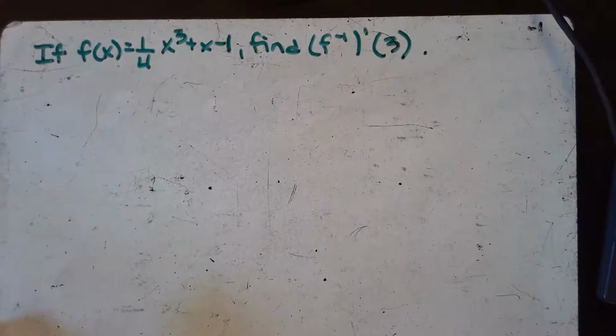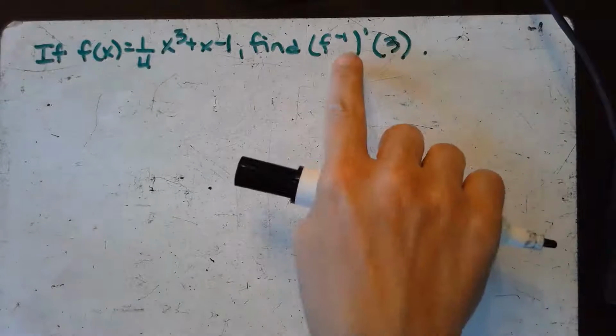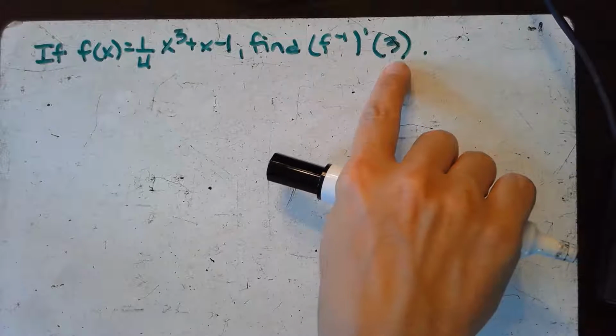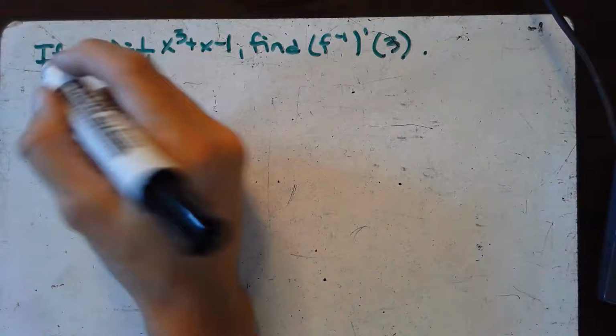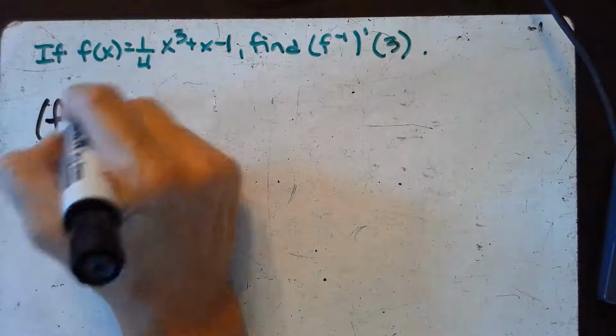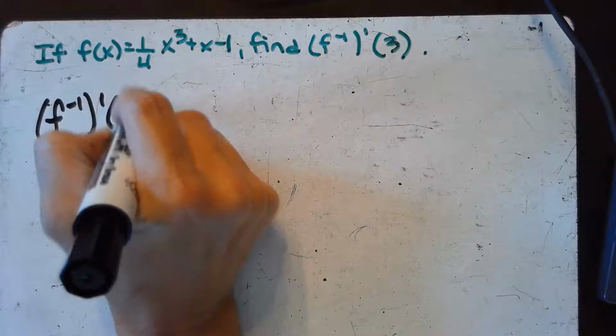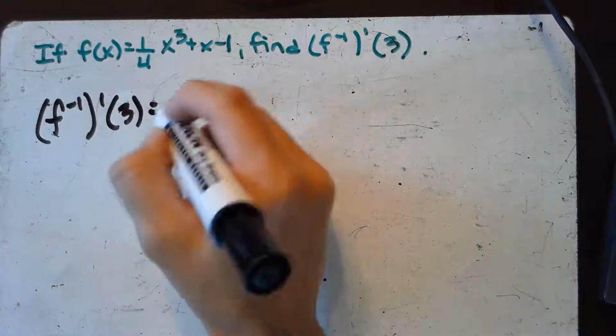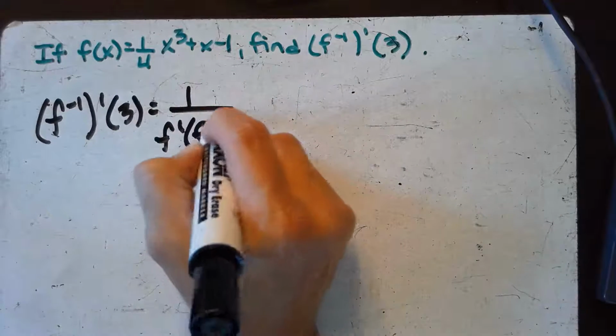So let's go look at this problem right here. I want to find the derivative of the inverse at 3. Let's recall the formula, and if you need to, rewrite it over and over again.